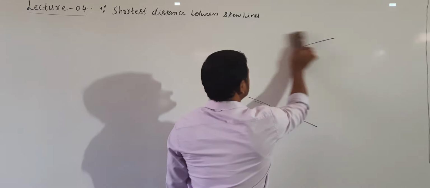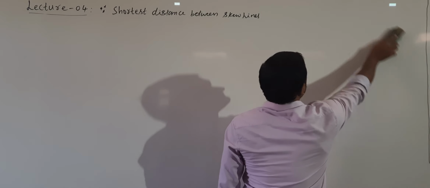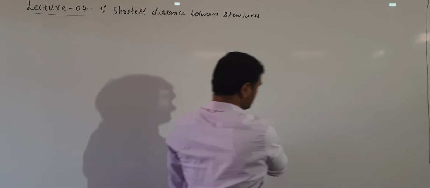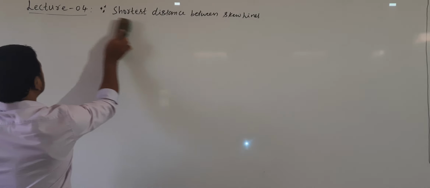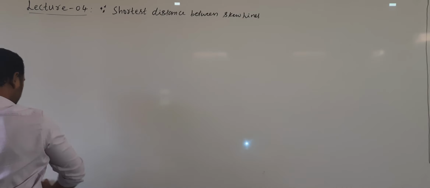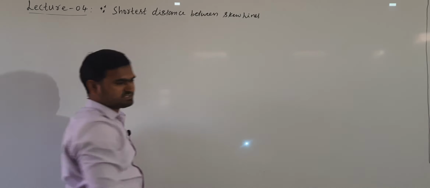Since it is not possible to show these lines on the plane, just imagine that there exist two skew lines. First we will derive the equation in vector form, then we will derive the formula in Cartesian form.